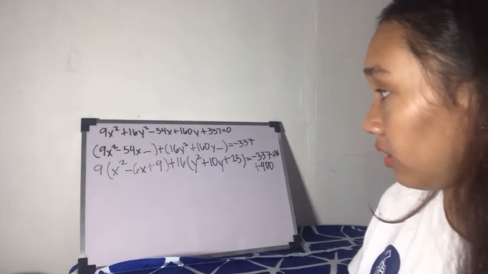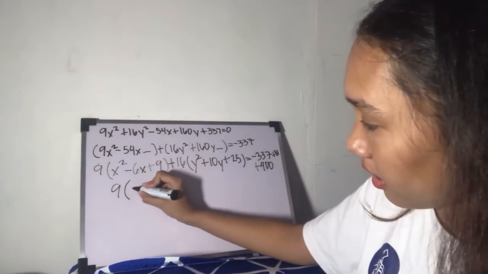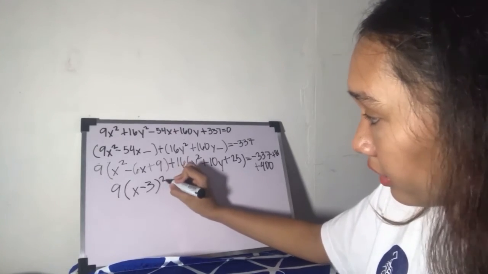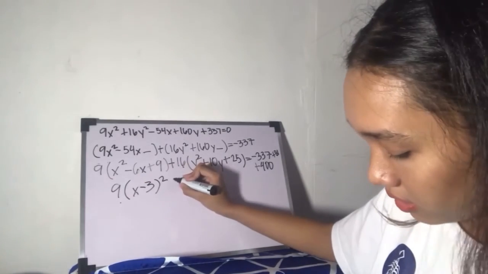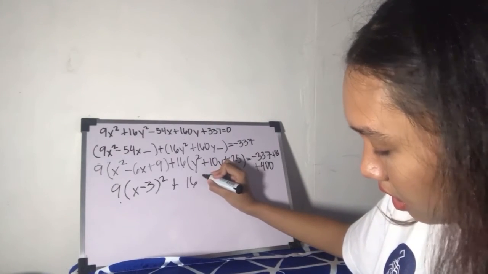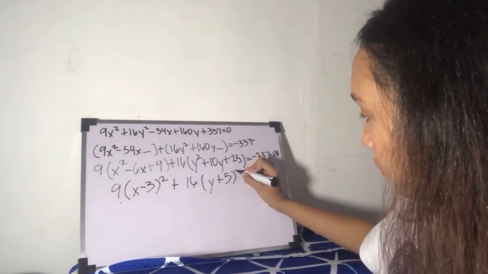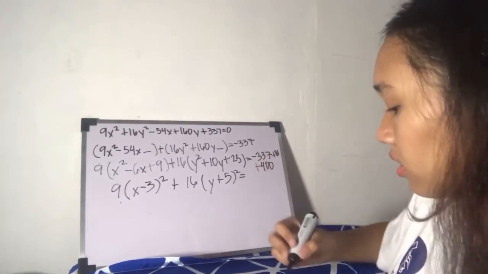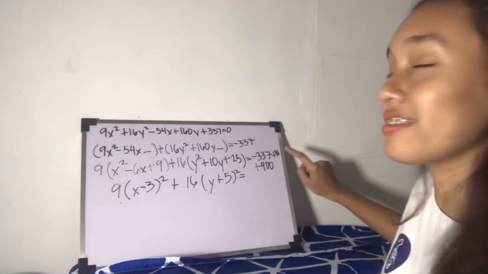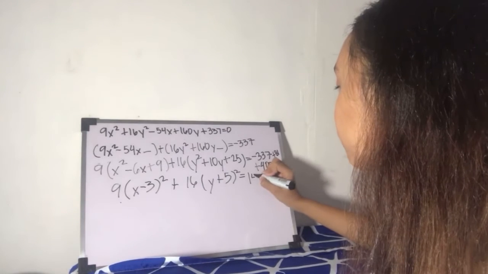That will be 9 times (x minus 3) squared plus 16 times (y plus 5) squared equals the sum of negative 337 plus 81 plus 400, which is 144.